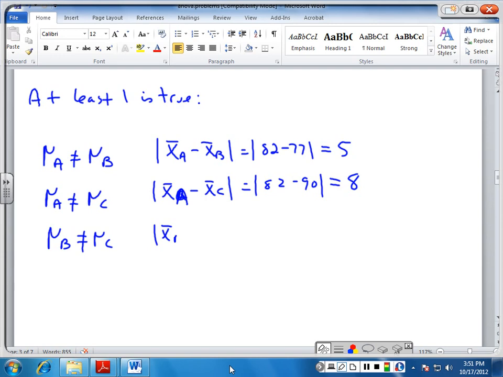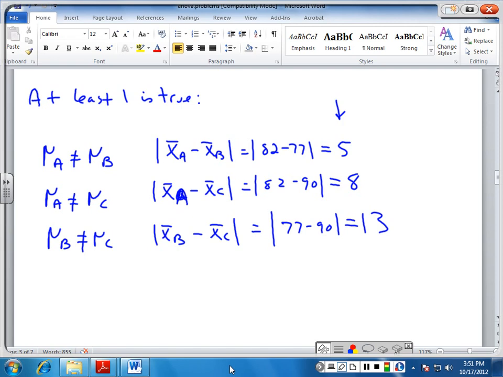This one's X bar B minus X bar C, and so we have now 77 minus 90. That's a difference of 13. So these are the differences between each pair of sample means, between A and B, A and C, B and C, without regard to direction. We just got the absolute value.